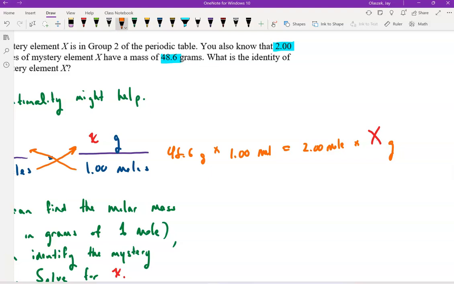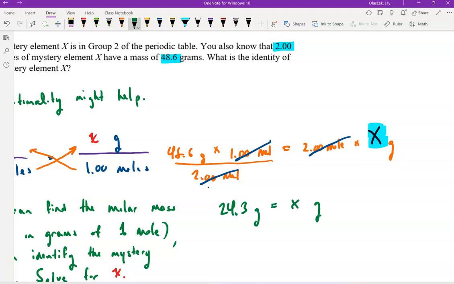That's called cross multiplication, and we want to solve for x. That means we're going to divide both sides by 2 moles. When you do that, moles cancels. Okay? That means we have 48.6 times 1 divided by 2. When we do that, our calculator gives us 24.3 grams is the molar mass.